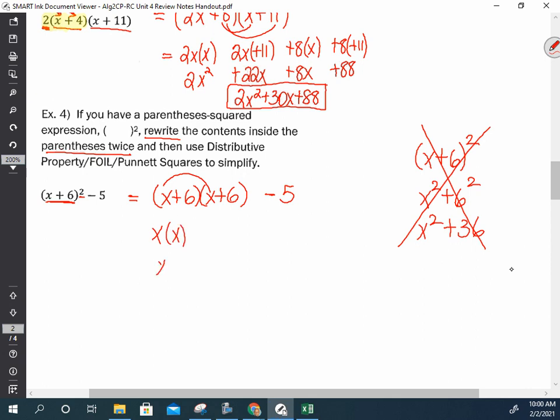x times x, x squared. x times 6, 6x. 6 times x, 6x. 6 times 6, 36. The minus 5 stays sitting out there.